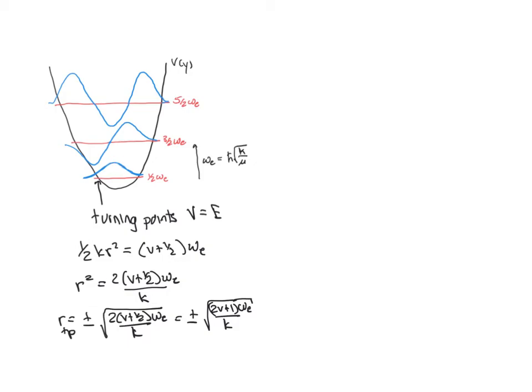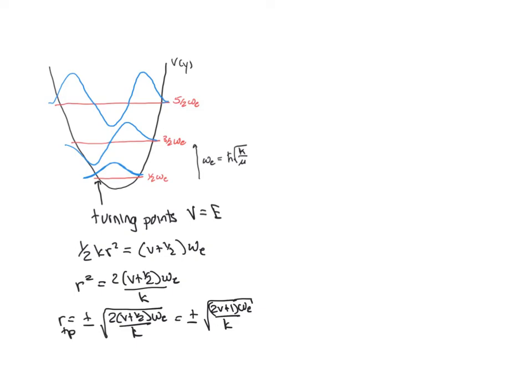Initially, that seems to make a lot of sense, because we would expect to find the particle at its equilibrium position. And in fact, the average will be at that equilibrium position no matter which wave function you look at, because these wave functions are symmetric around y equals 0. And so there's an equal probability at negative y and at positive y. And so the average will always be at that equilibrium position, which makes sense.